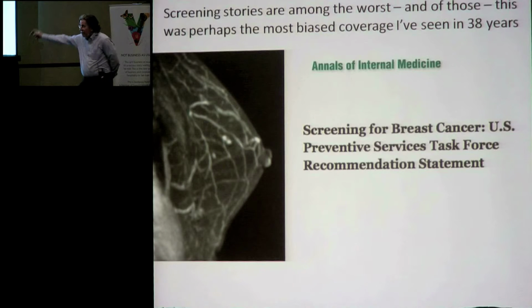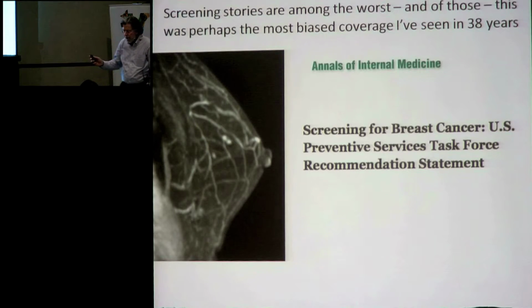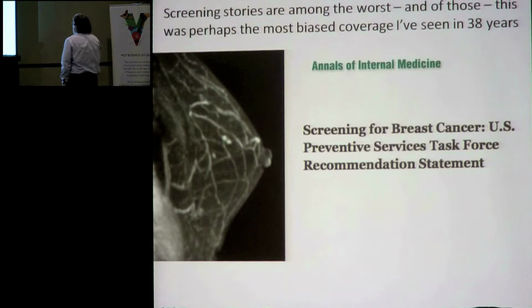And this issue that Anna just showed of the U.S. Preventive Services Task Force's recommendations in the fall of 2009 on mammography was maybe the worst example that I've seen. Ooh, this is an outdated slide. I just told you this is my 40th year, so it's not 38 years. It's still the worst example that I've seen.